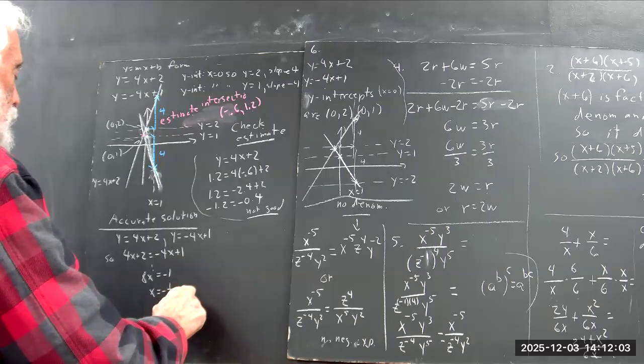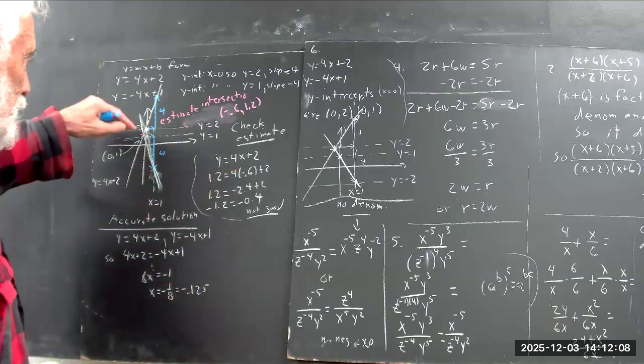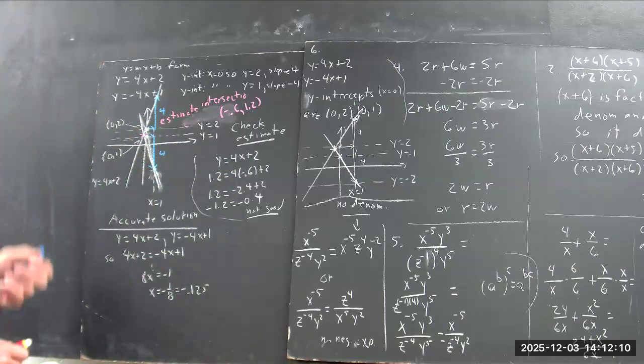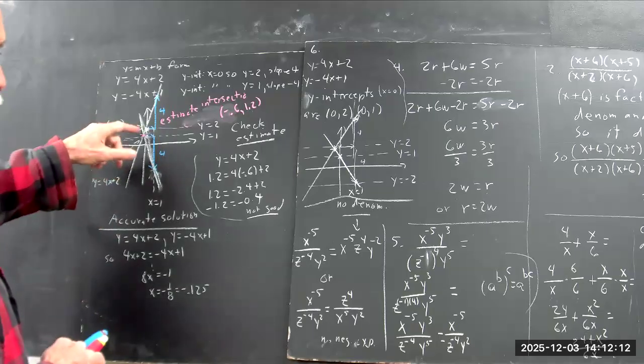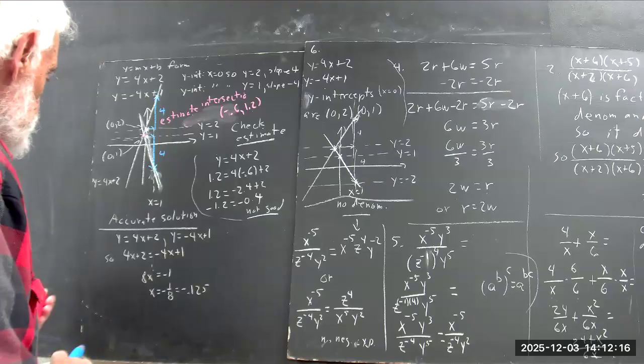which is -0.125, which is much different than this -0.6 estimate that I've got here. If you draw a more accurate graph, you can probably get a better estimate.